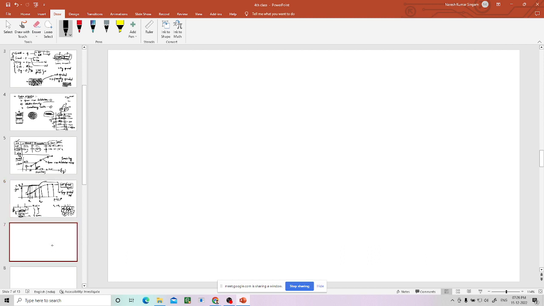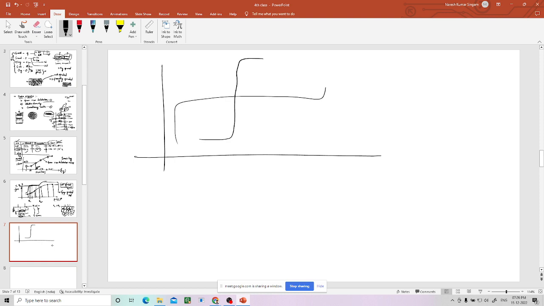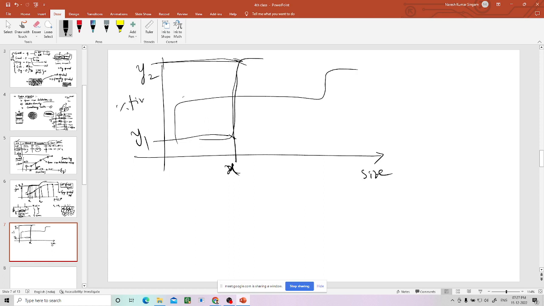Suppose I'll draw another curve. Suppose the curve is like this, now vertical. It was initially horizontal, like this. Now it is vertical. Vertical means what? Can you tell me what is vertical? Y2, y1 for one size X. This is size, this is percentage finer.